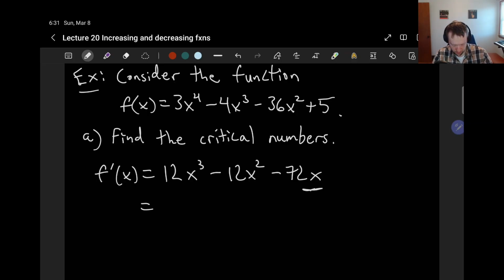Perhaps the first thing to notice is that there is at least one x in every term. So that can be factored out. It's also the case that every term is a multiple of 12, including 72. So I will bring out a 12x, which leaves us with an x squared minus x minus 6.